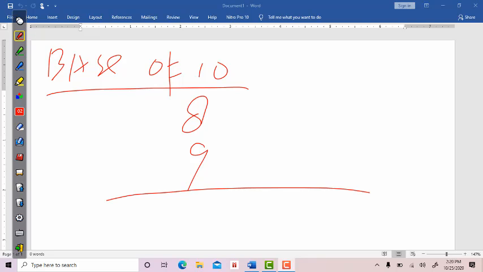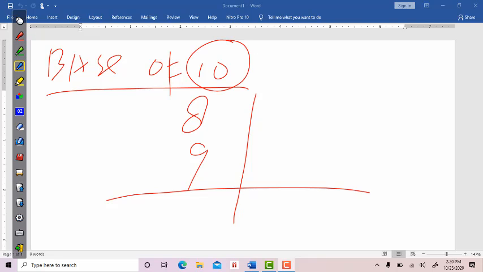So we see this 8 times 9. Vedic math is actually asking us to find how far each number is from the base. So for 8, the base is 10, not 100, because it's closest to 10. Remember, it's base of 10.